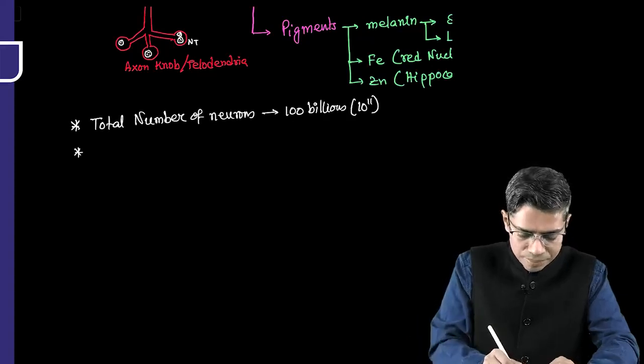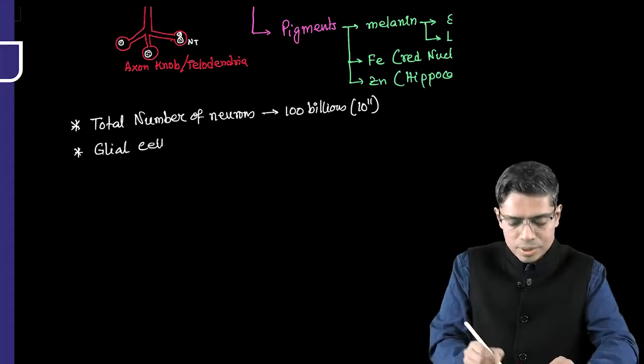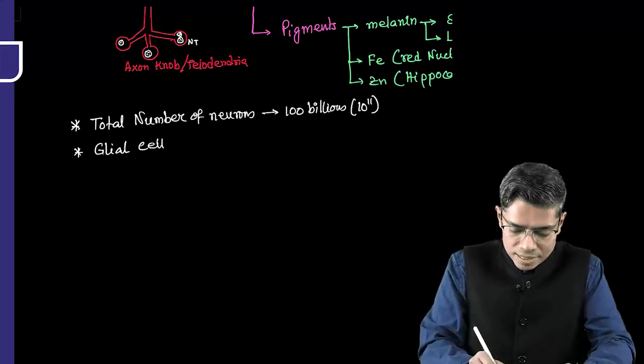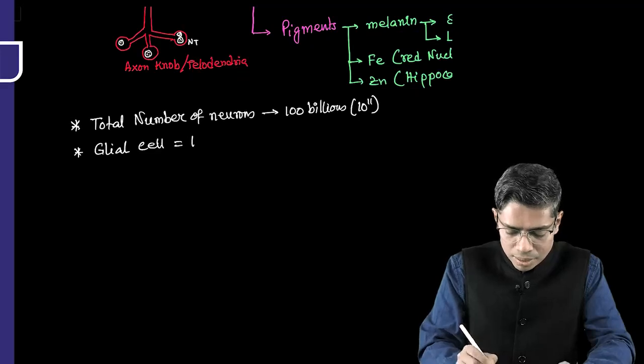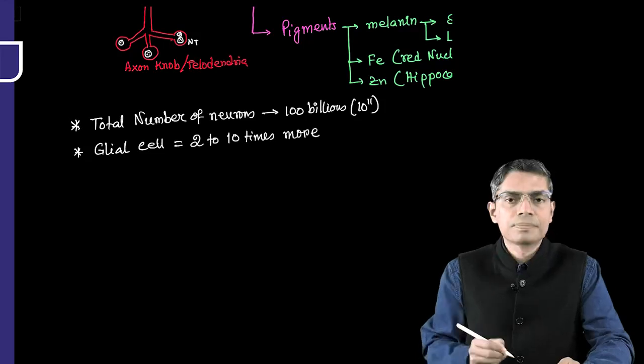Then the second question, the number of glial cells in the central nervous system is even more than neurons, and it is said that glial cells are 2 to 10 times more than the neuronal number.